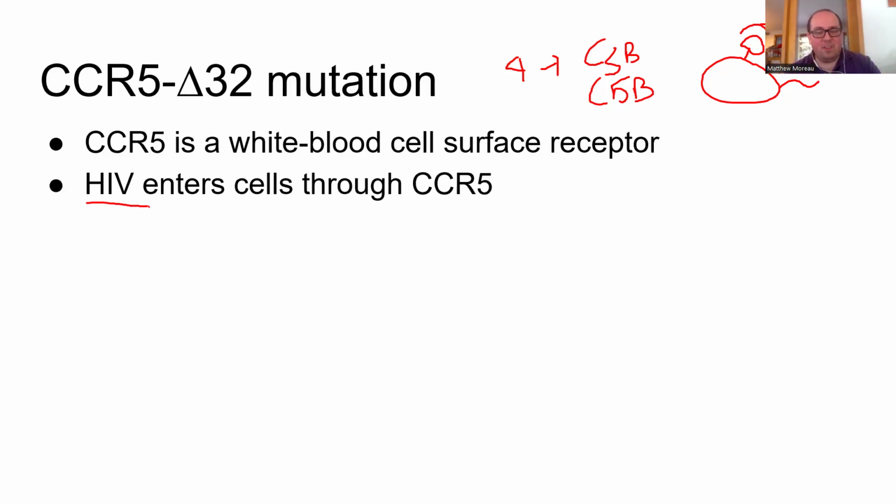If you lack CCR5, you're not taking away the entire ability for your immune system to see pathogens. You have a whole other set of mechanisms for that, but you are taking one of those particular mechanisms away by not having CCR5.